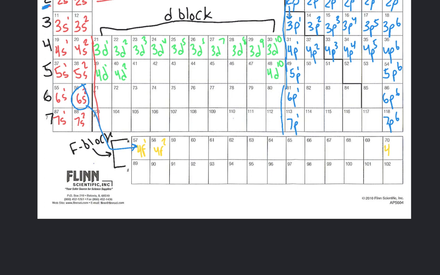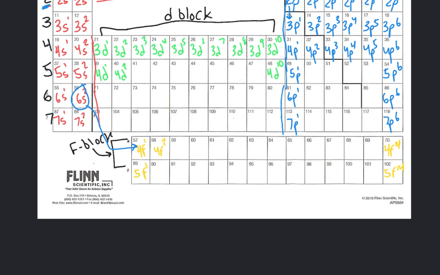So 4f14, and then this will be the 5f1, and this will be 5f14. So the f orbitals don't start until the 4th energy level. I know it's hard to remember that, right? Like the D starts at the 3D, the F starts at 4F.